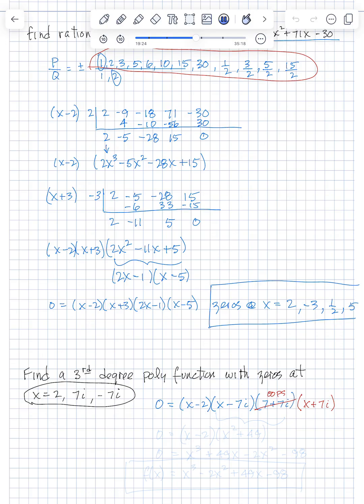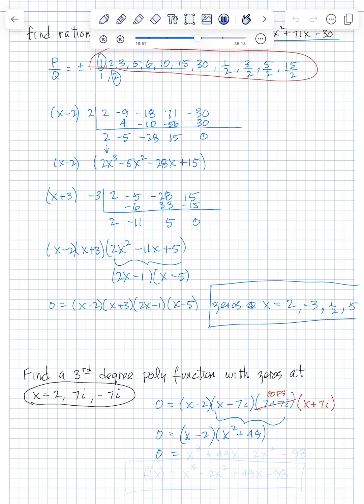And then you multiply these together. Well, this becomes x squared plus 49 if you FOIL it. And then we bring down the x minus 2. That again is equal to 0. And now we FOIL it one more time.